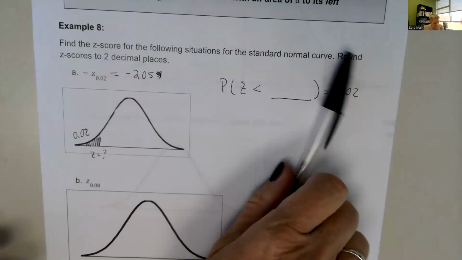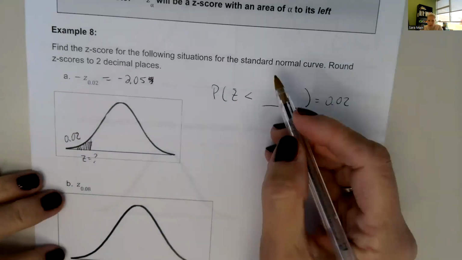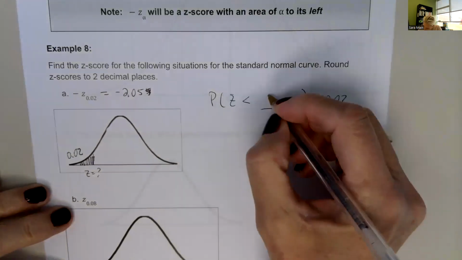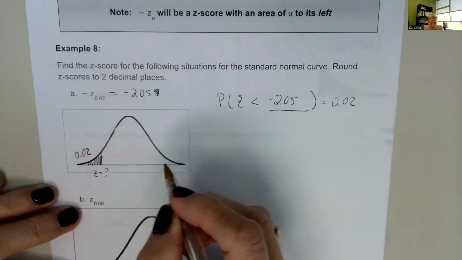And so it's a negative 2.05. And so the probability that your z is less than a negative 2.05 is about 2%.